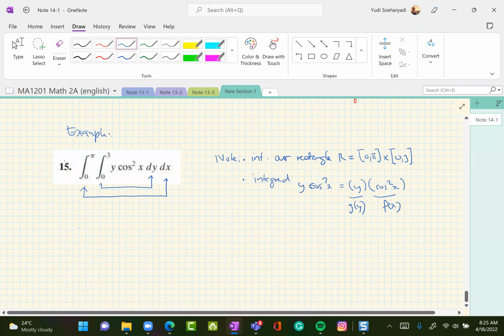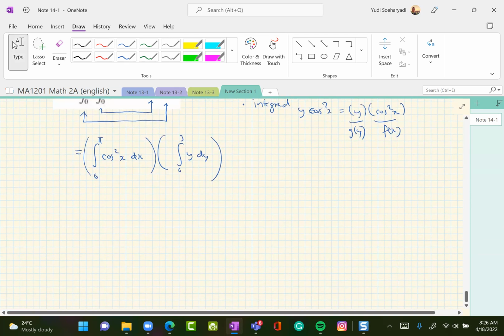So what we have is this: the integral of cosine squared x dx from 0 to pi, and then the integral from 0 to 3 of y dy.